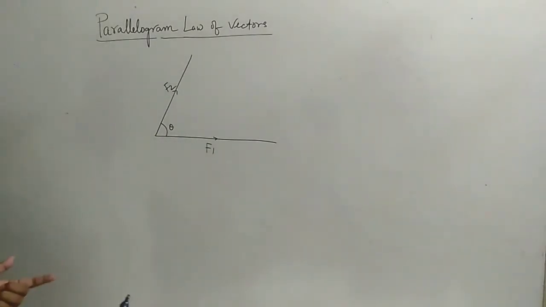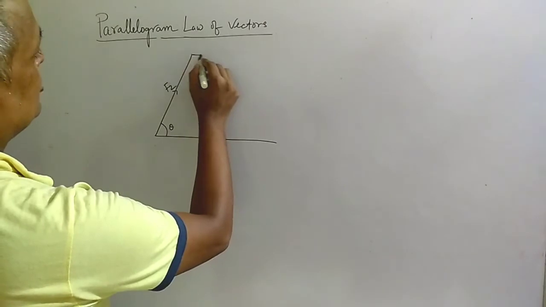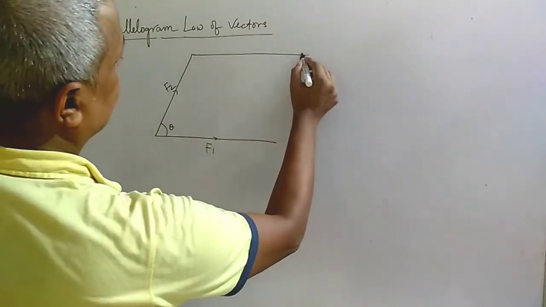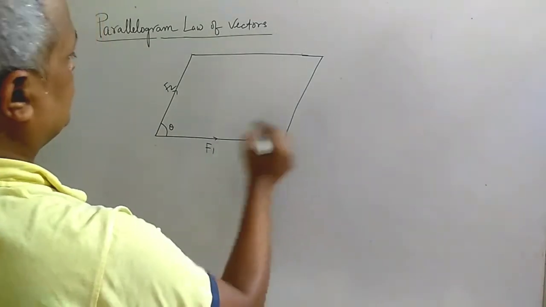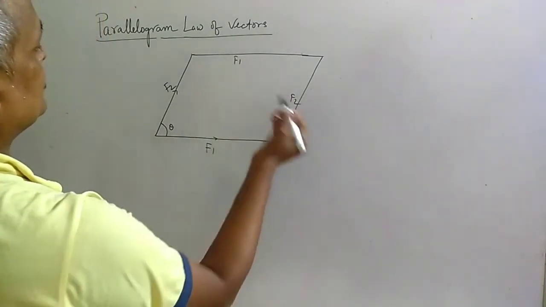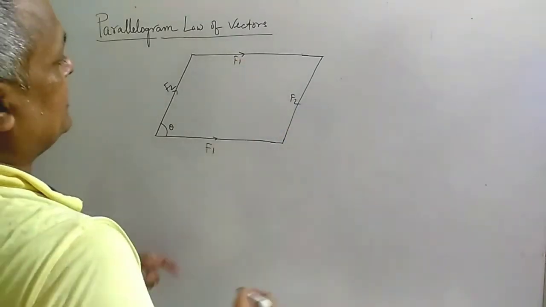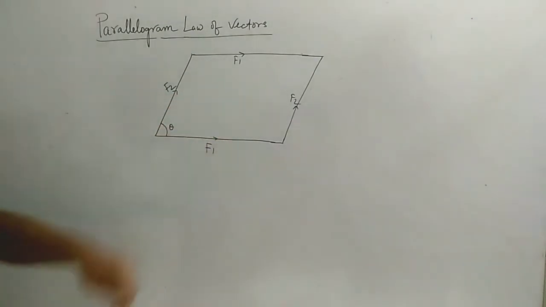Then what will be the resultant? The parallelogram law says that you just draw a parallelogram. This is your F2 and this is your F1, because opposite sides of the parallelogram are equal and parallel, so this F2 will be parallel to this.